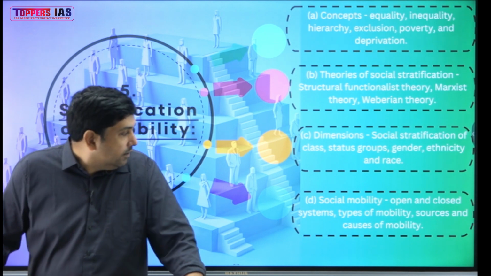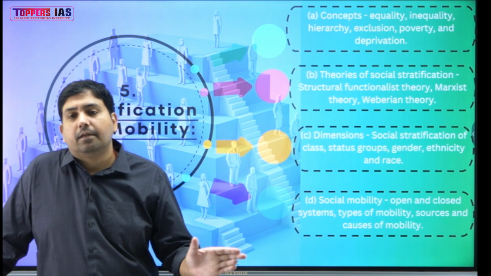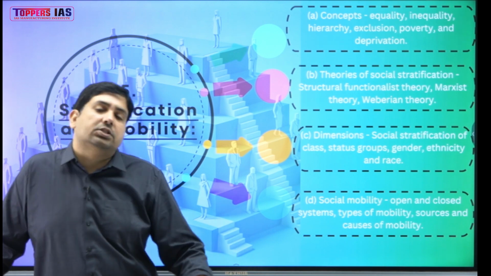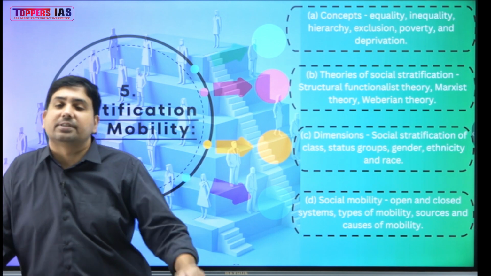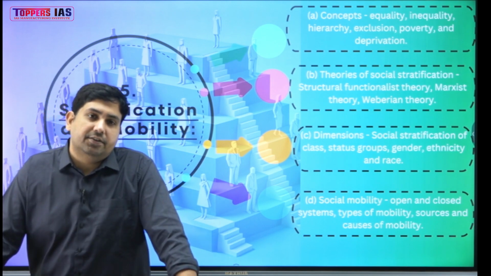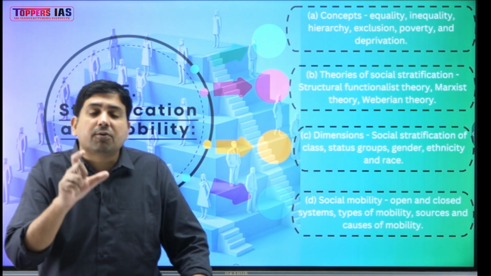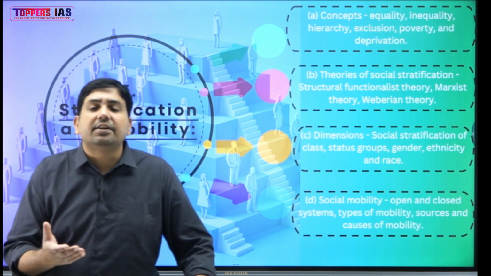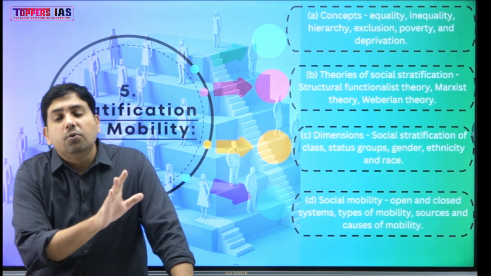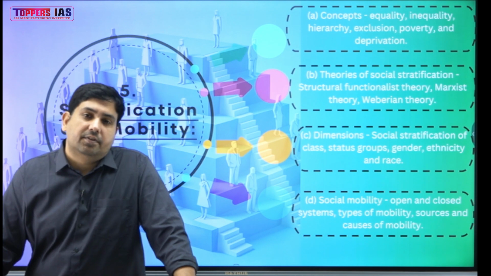Clear? And there is what? Open and closed systems. System here means society. That's it. In a closed system or closed society, there is very little to no social mobility.